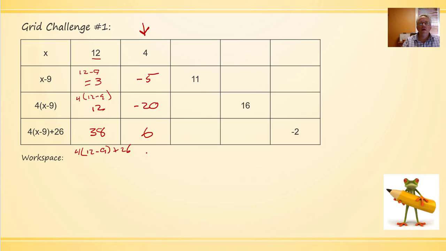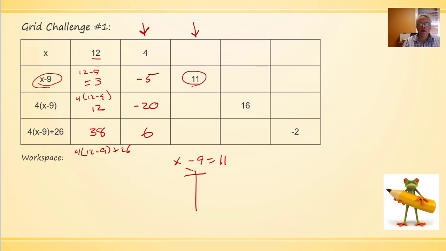Okay. Now, this is where it starts to be a little bit of a challenge. We don't know x for this one. We have to figure it out. So we've got to use the information we're given. We're given that x minus 9 equals 11. So I'm going to write a little equation here, and we can solve it with backtracking. x minus 9 equals 11.